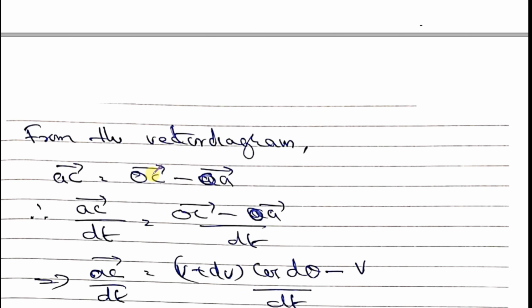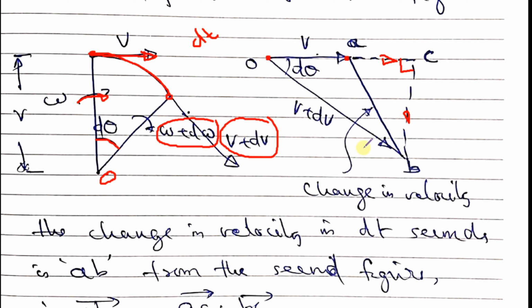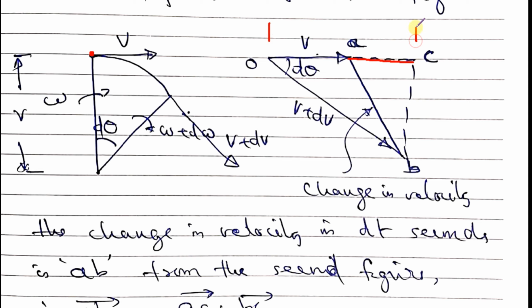From the vector diagram, we can see what AC is. AC is equal to OC minus OA.